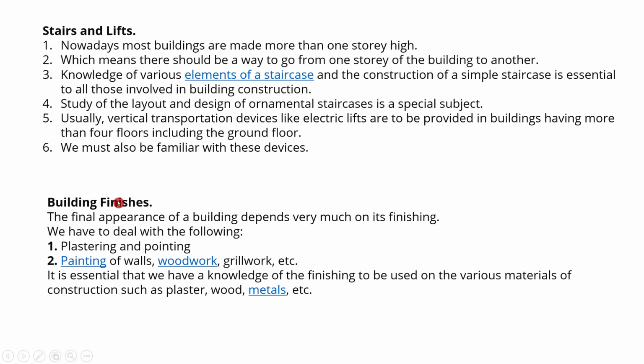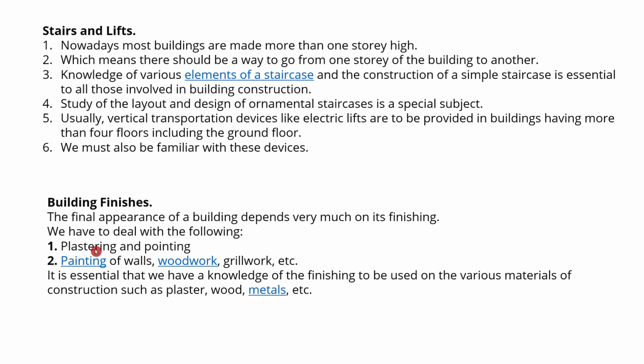So the building finishes include painting, woodwork, plastering, pointing, everything done on the masonry for making it aesthetically pleasing. The final appearance of the building depends very much on its finishing. You have to deal with the following. Plastering is basically putting the cement mortar. That means cement plus sand plus water. It's called cement mortar.